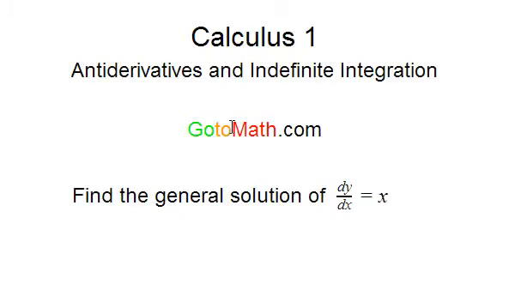Antiderivatives and indefinite integration is what this section is called. We're going to find the general solution of the differential equation here. We're going to find the antiderivative of x. So we have a differential equation and we're going to find its general solution.